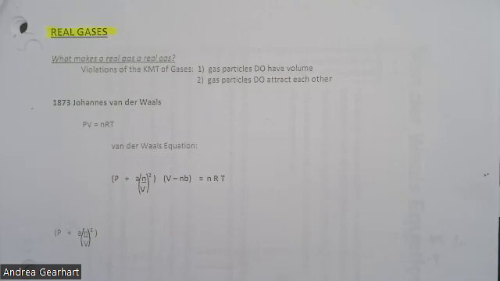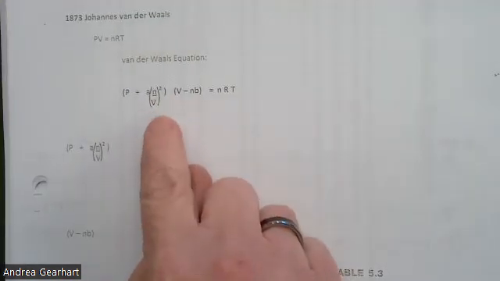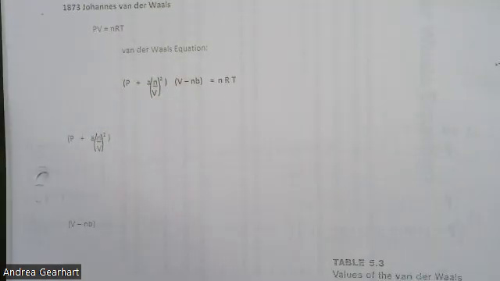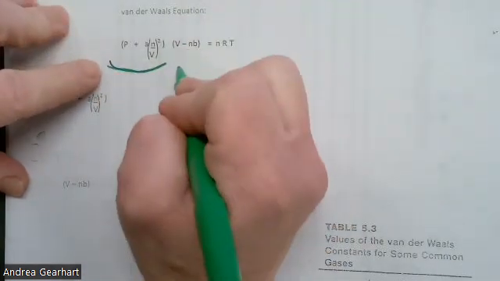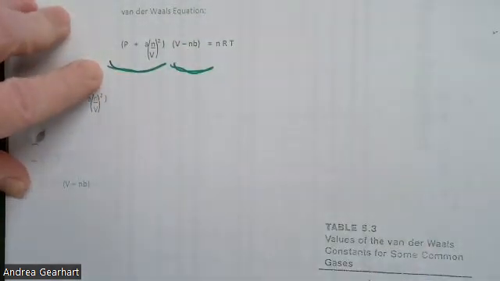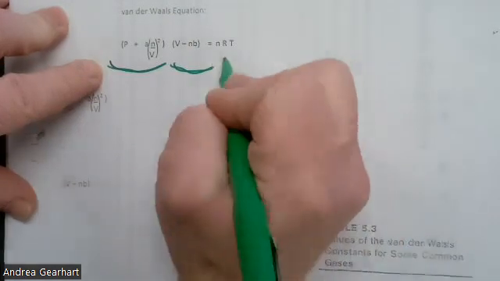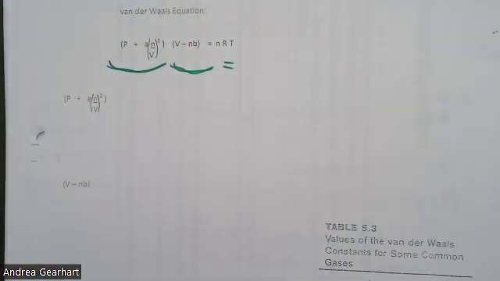So, never have to memorize equations. This is the van der Waals equation. Don't have to know that's what it's called. Okay, so we adjust 2 terms. Because moles don't change, right?